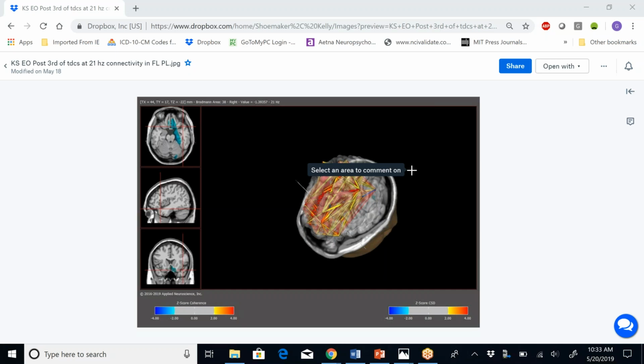That would be an invasive procedure because it involves that surgical procedure.